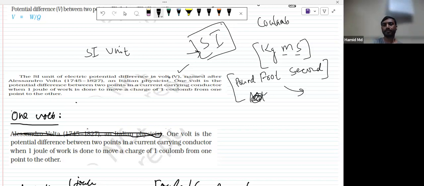So this unit is volt, named after Alessandro Volta, an Italian physicist.